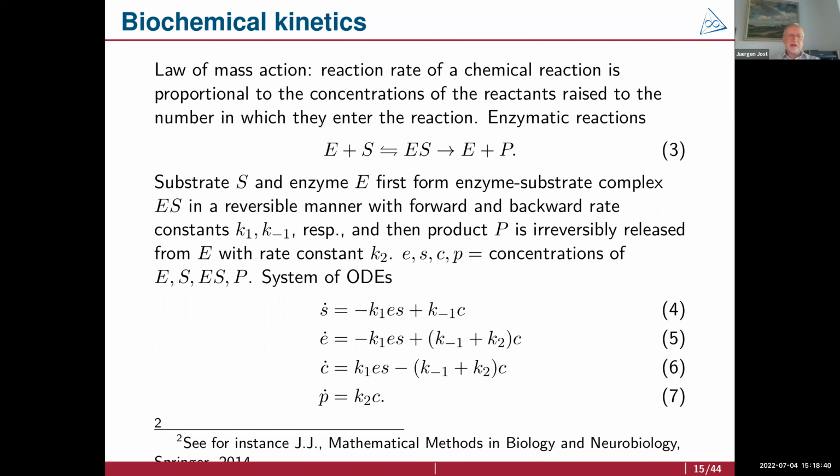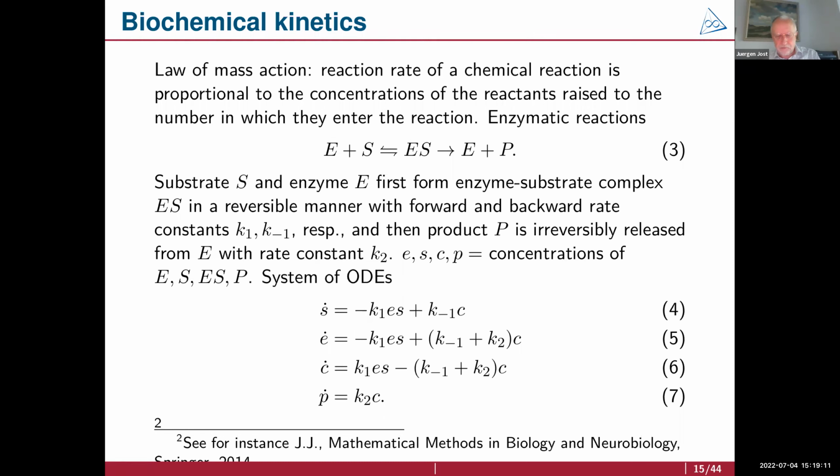Anyway, there's another very classical model, namely the biochemical kinetics, which also is relatively old. In particular, enzymatic reactions. You have an enzyme E and a substrate S, and the two can bind into a complex ES, which can also be dissolved. But when you have the complex, then the substrate is transformed into a product P, and the enzyme is released again.